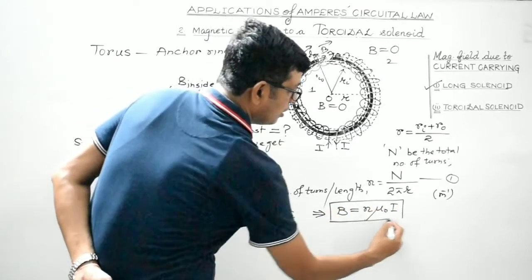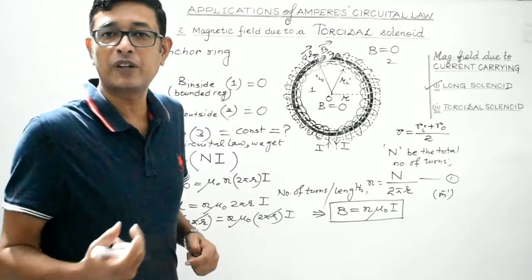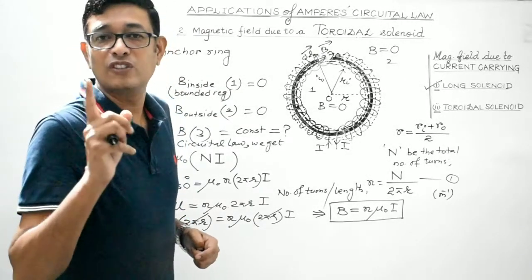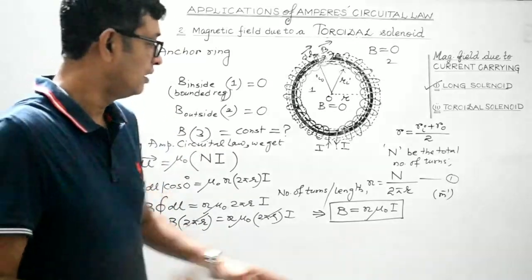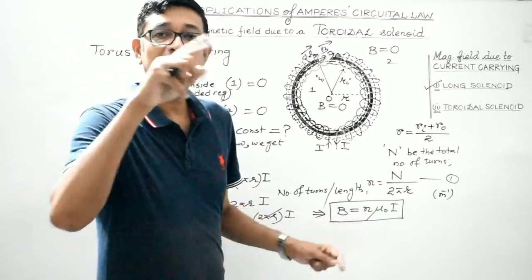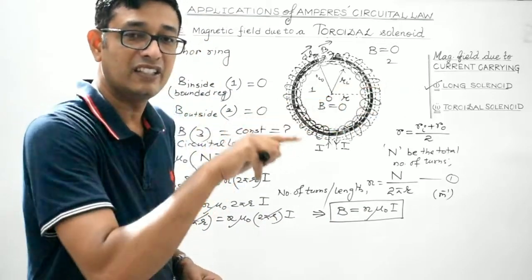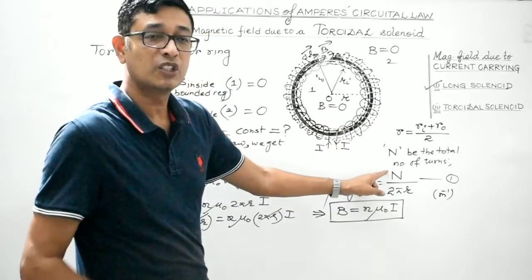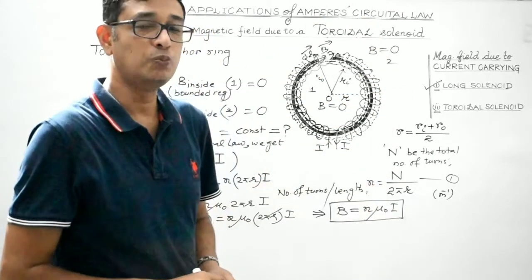So students, we obtained exactly the same expression as was obtained in the case of a long straight current carrying solenoid, with the only difference being that small n over there is capital N divided by L, the number of turns per unit linear length. Here small n is the number of turns per unit circumference of the loop, that is 2 pi r.